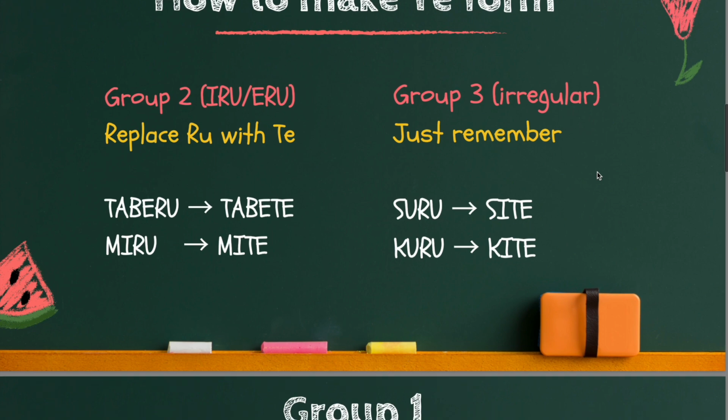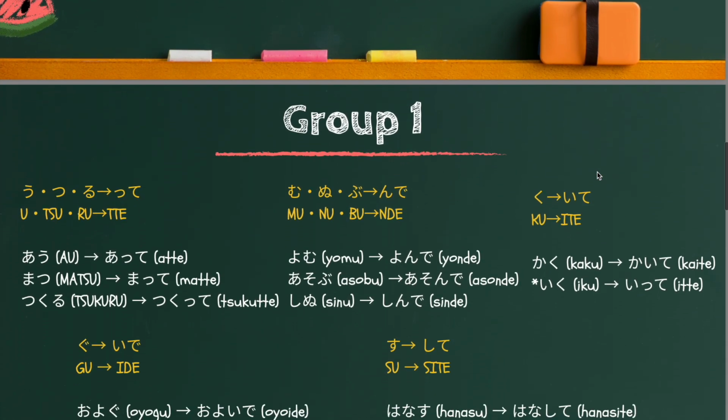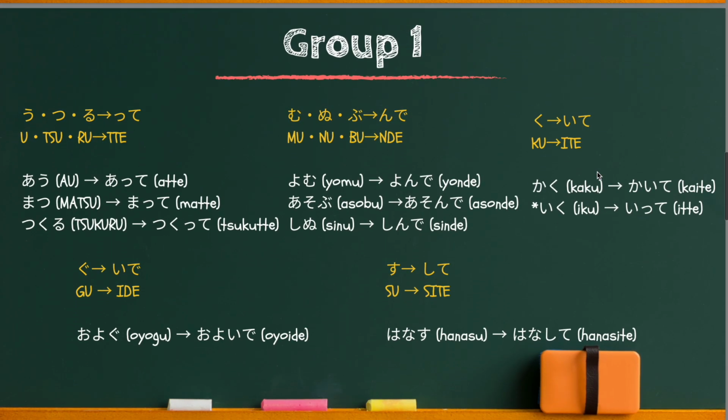Now let's look at group 1. So group 1 is the biggest group, everything else group. And there are 5 rules in making te form. So at first it looks very intense, but you can remember them gradually. So don't worry, don't try to remember everything all at once.